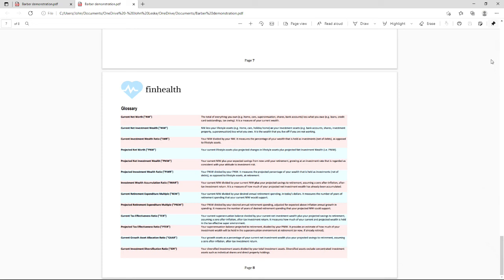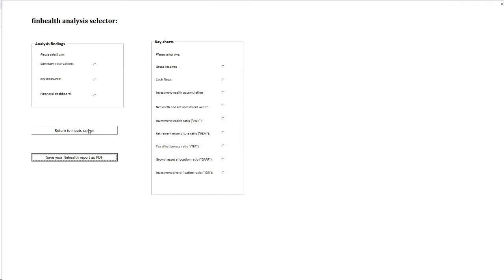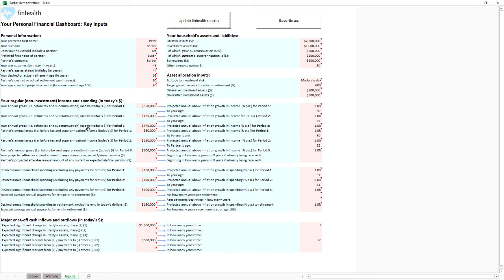This report can be printed and/or saved to a file of your choosing. To return to the Inputs tab, press the Return to Input screen button. You can then play with the inputs as much as you like and view the results to obtain a sense of the types of changes that may be required for you to have a high chance of becoming or remaining financially independent.